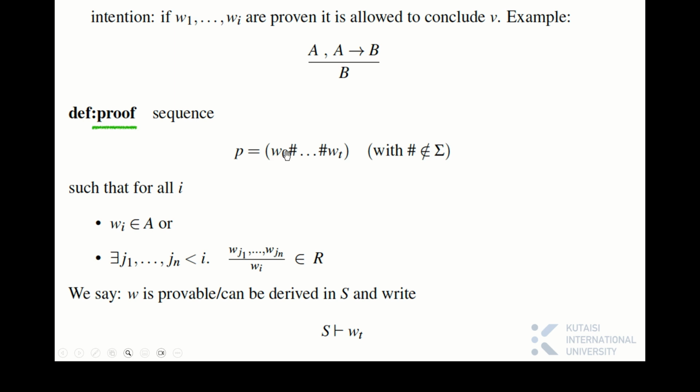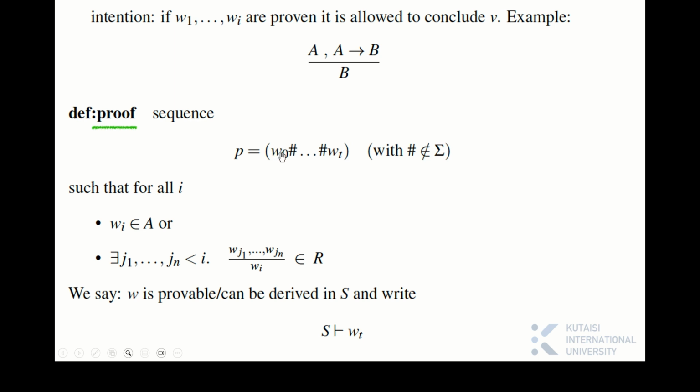Okay, for example, what is W0? By these two rules here, it forces W0 to be what? Yeah, because there's nothing before W0, so it cannot be derived. So what this says is that Wi is derived from Wj1 to Wjn, where j1 to jn are less than i, the things that sit before it.